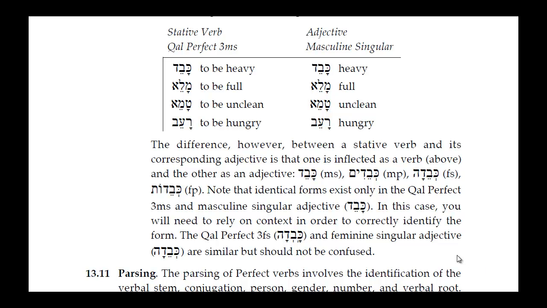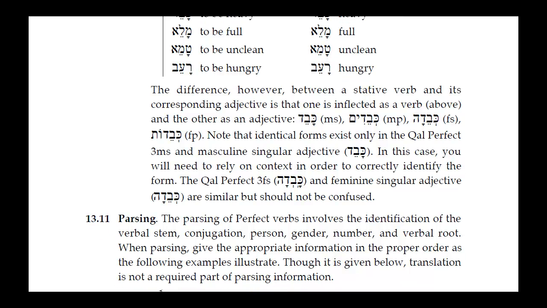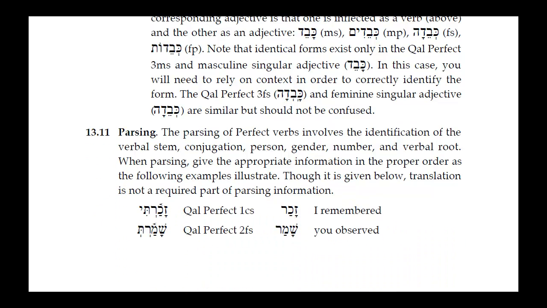But again, you should be able to let context correctly identify which form it is. Now, the one thing you want to make sure of too is that the Qal perfect third feminine singular kaveda and the feminine singular adjective kaveda are similar but not confused. This adjective has the tsere in it, whereas this verb has a sheva in there. So you shouldn't have any confusion on that.